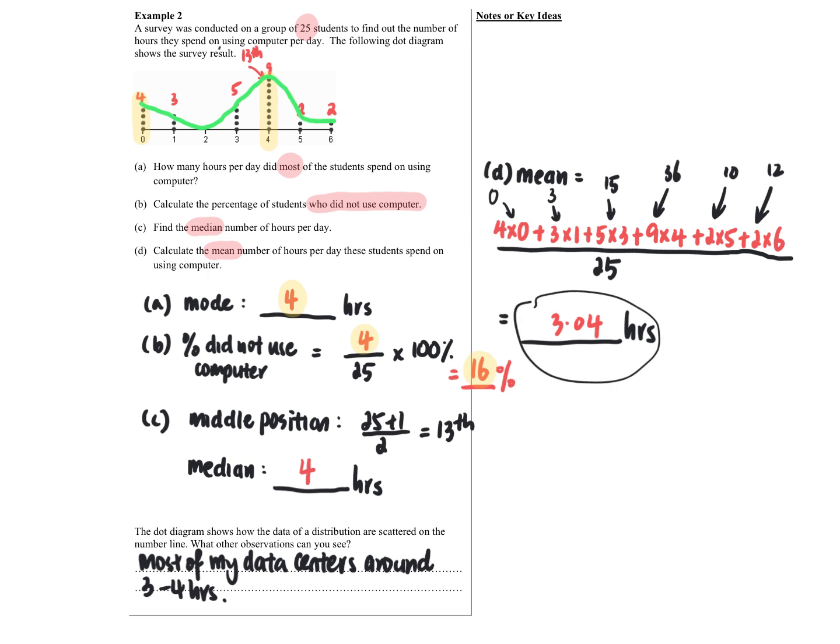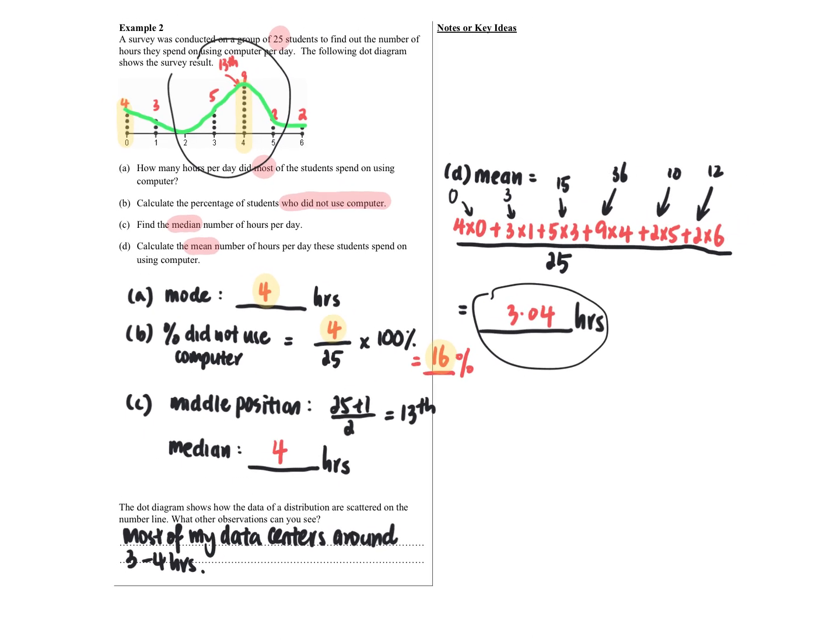So the majority of your data seems to spread around this part. This is one observation you can make. You could even say things like nobody used 2 hours at all. Most of the students spend at least 3 hours on it. So those are some other observations you can write.